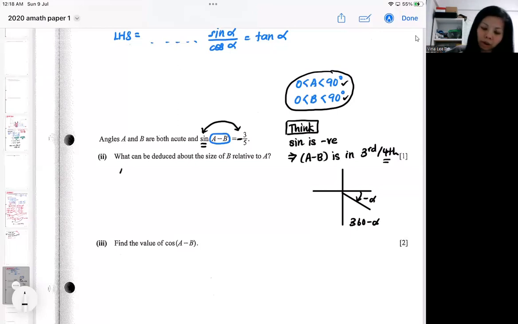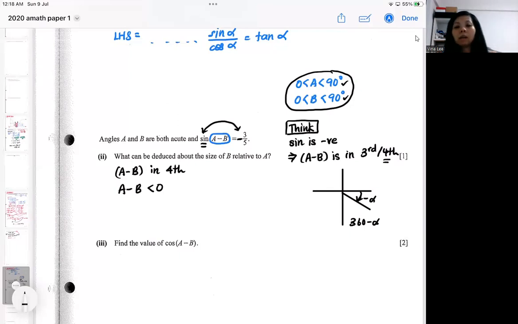So I'm expecting this to be in the 4th quadrant, and to be negative, because the only way for them to be in the 4th quadrant will be that they are negative alpha.